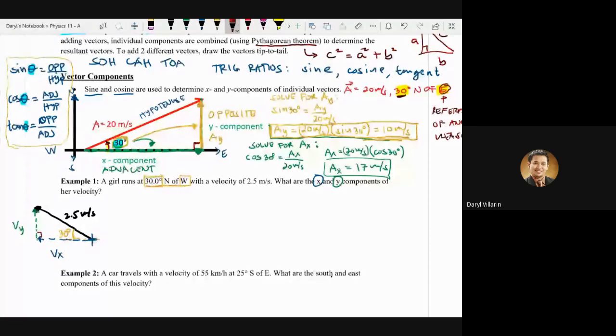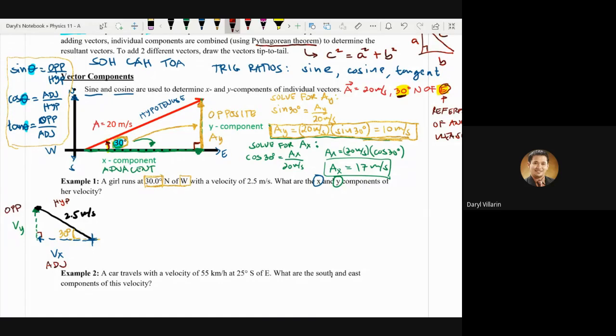That means that they make 90 degrees. So if you make your Vx and Vy, you will always create a right angled triangle. And again, if you have a right angled triangle, you can use Pythagorean theorem and the trig ratios. Just identify the different sides. Again, the longest side will always be the hypotenuse. In this case, Vx becomes your adjacent side, and the opposite side is your Vy.